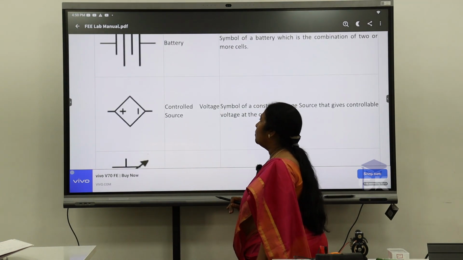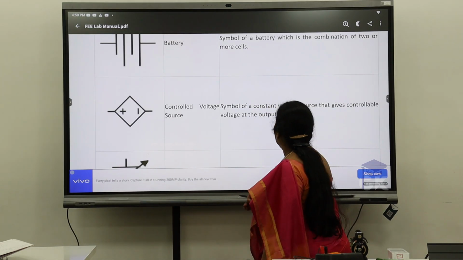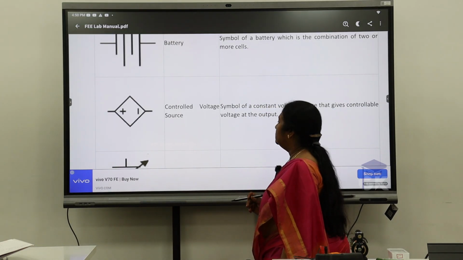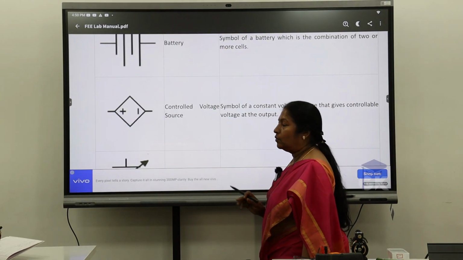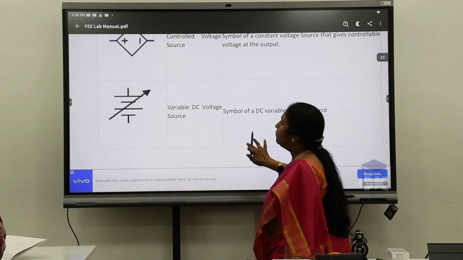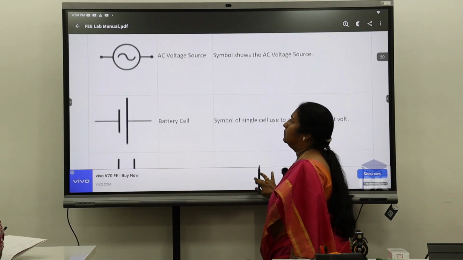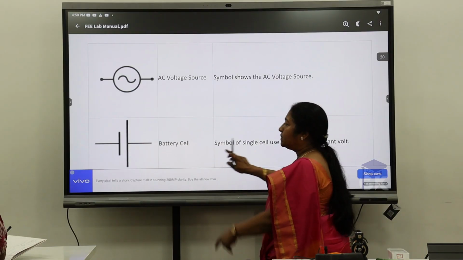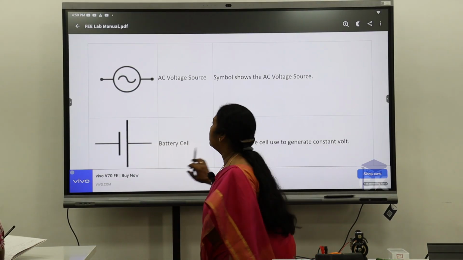This is a controlled voltage source. This is a symbol for a controlled voltage source. So as output we can just get a controlled output voltage. This is a symbol for variable DC voltage. See, these are all for a fixed. This is also represented for a DC, but it is a fixed voltage.